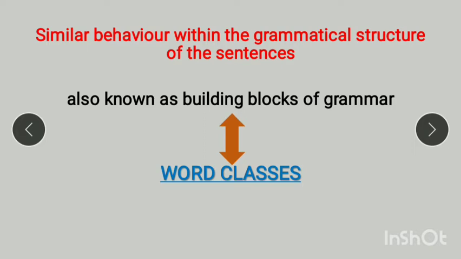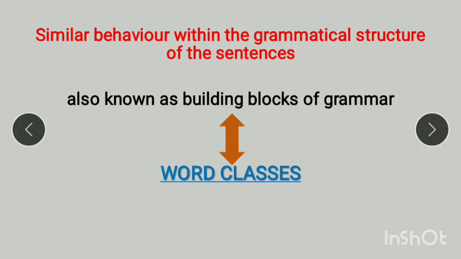These are known as word classes, because they are the building blocks of English grammar. Each and every word you write or speak in English falls into one of these categories of parts of speech.